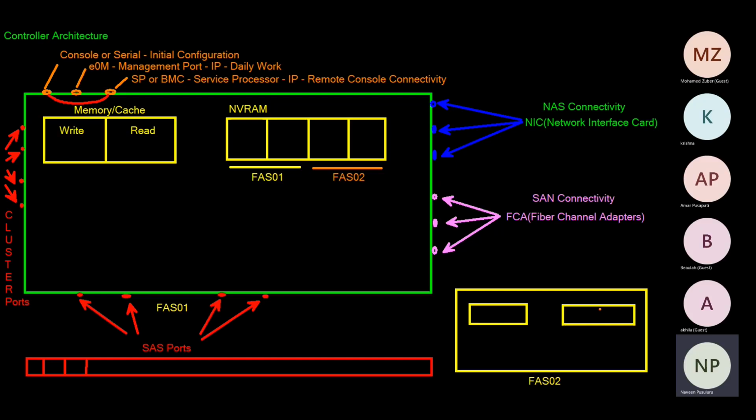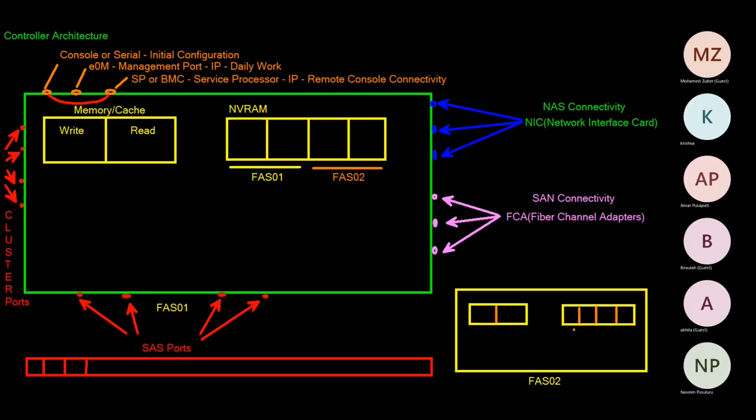The same way, in the partner controller our NVRAM will also be divided into four parts. The partner controller has the same components, same ports, everything. Memory is also divided into two parts, read and write.